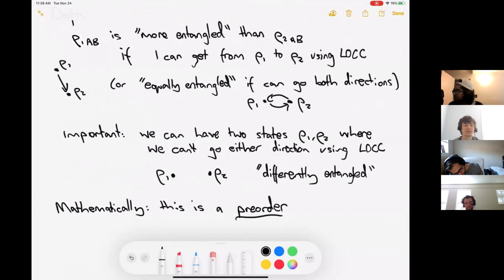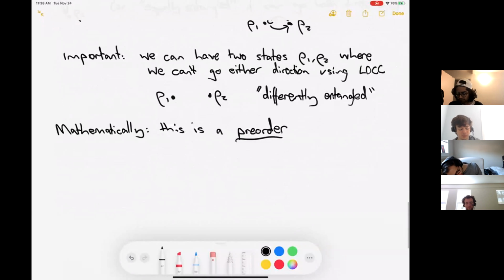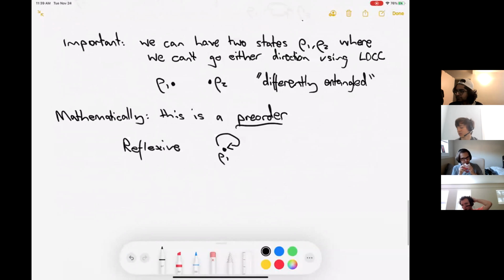In this case, the set is the set of all states, and it needs to satisfy the following properties. The first thing is that it needs to be reflexive. What this means is that for any rho 1, we have an arrow going from rho 1 to itself, right? Using local operations and classical communication, we can get from rho 1 to the same state, rho 1. That's trivial, right? We don't have to do anything at all.